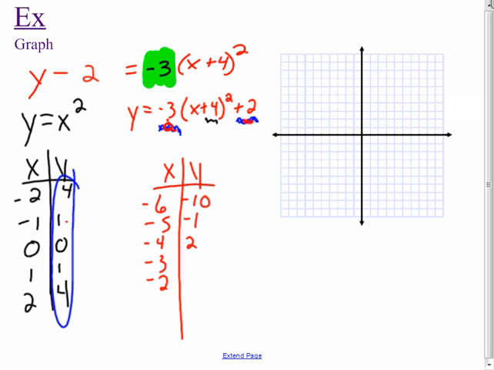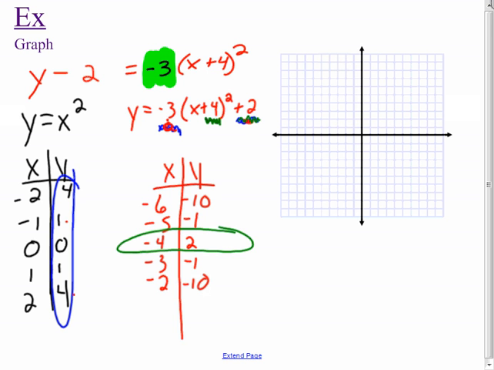It was 1 times -3 plus 2. And it was 4 times -3 plus 2 is -10. I want you to take a quick peek here. The vertex was at 0, 0. With the transformation, my vertex is now -4, +2. Opposite of x, same as what's attached to your y.